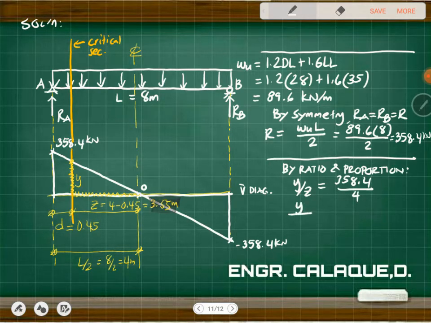Or we have Y all over yung Z natin na 3.55 is just equal to 358.4 all over 4. So, yung Y natin, yan din yung Vu. So, that is also equal to Vu.